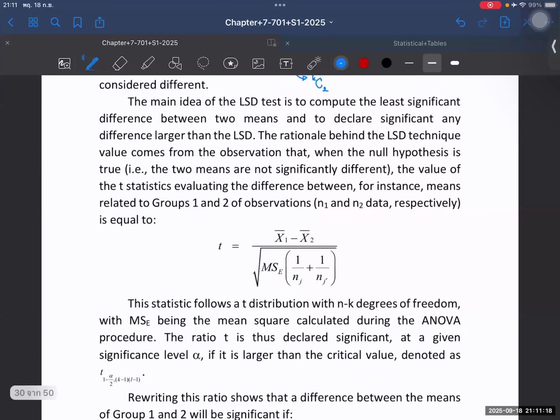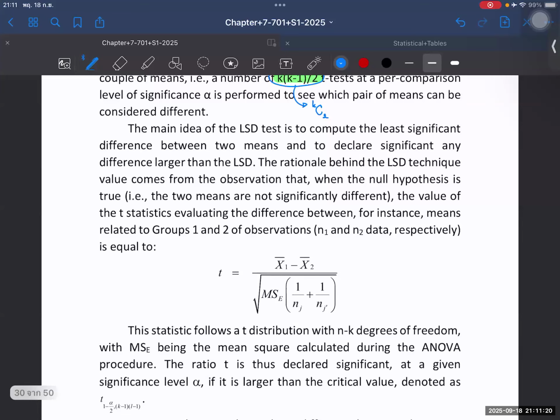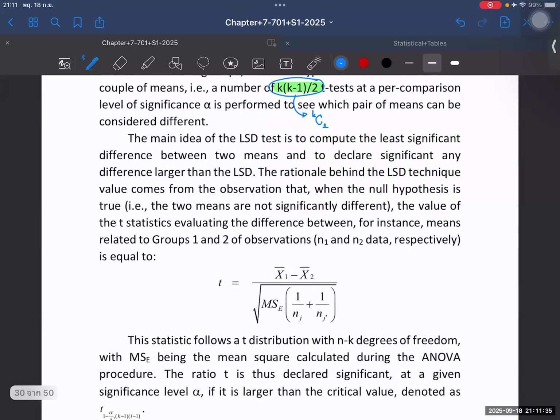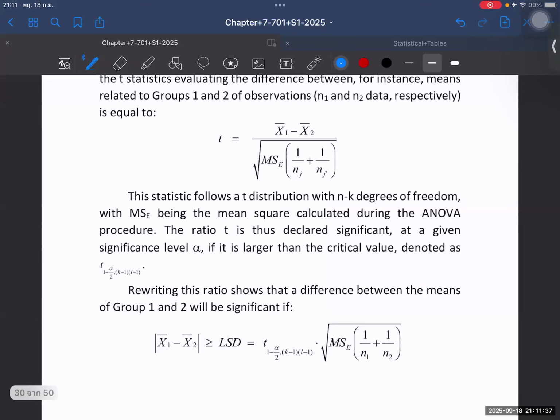Okay, the LSD statistic can be applied when you want to compare the pairwise differences, when you want to test whether the mean of one group is different from another group. We can apply the multiple comparison by the LSD method, and we can calculate it by this formula, okay? But we change the degree of freedom of the t-calculated statistic like this.